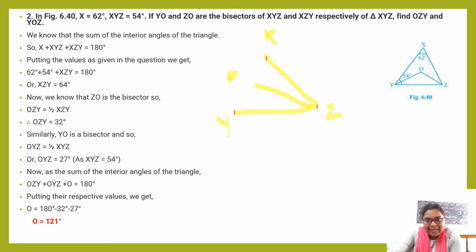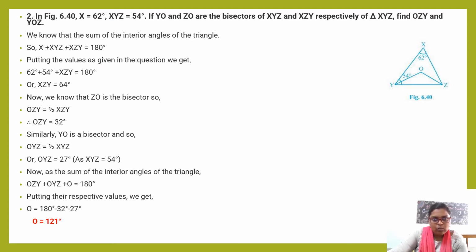Bisector means it will bisect that angle into two equal halves. Suppose this total angle is 60 degree. Here one bisector is there. So what is the meaning? Here 30 degree and here 30 degree. A bisector will bisect the angle into two equal halves. Okay? So now we will get into our problem. Now you know what is meant by bisector. So here, what they have given.